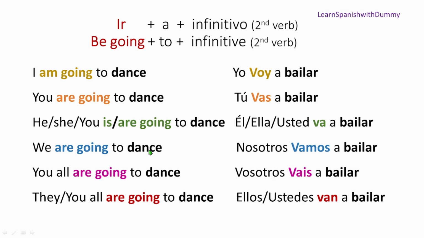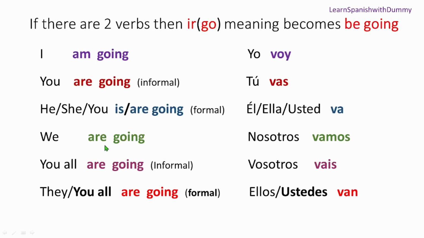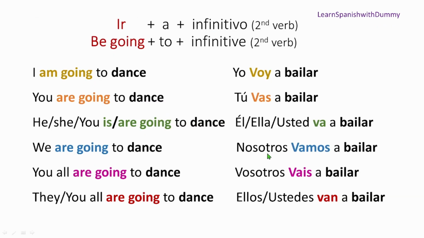We are going to dance: nosotros vamos a bailar, because vamos means we are going. We just copied the same thing. You all are going to dance: vosotros vais a bailar. Last, they, you all are going to dance: ellos, ustedes van a bailar.